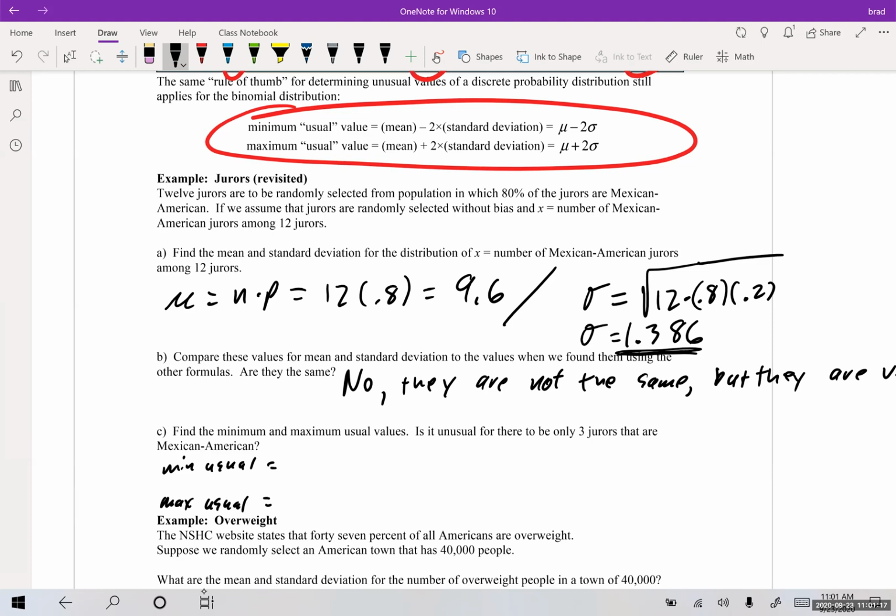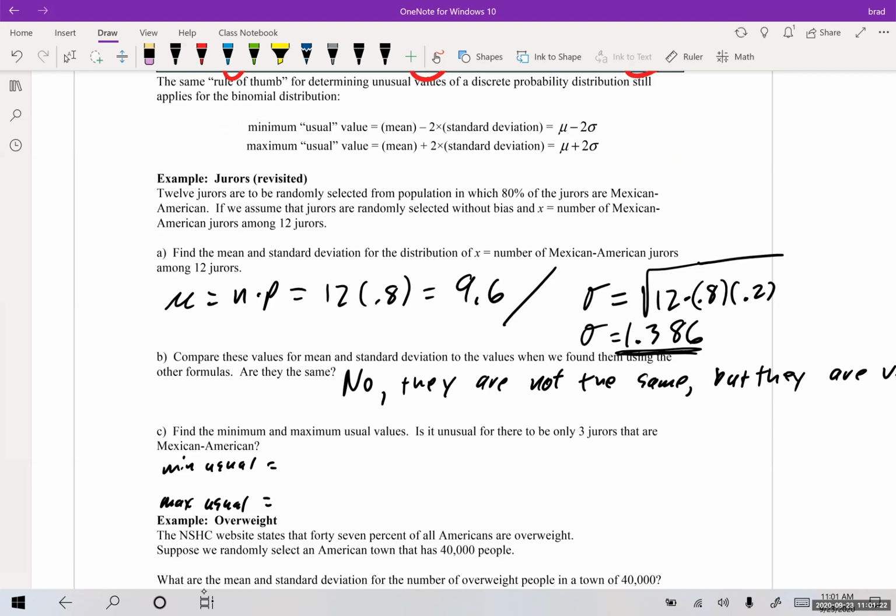And remember, the min usual is the mean, so I'm using this formula right here. We said that the mean was 9.6 minus 2 times 1.386. And this is 9.6 plus 2 times 1.386, okay? So let's see what we get.